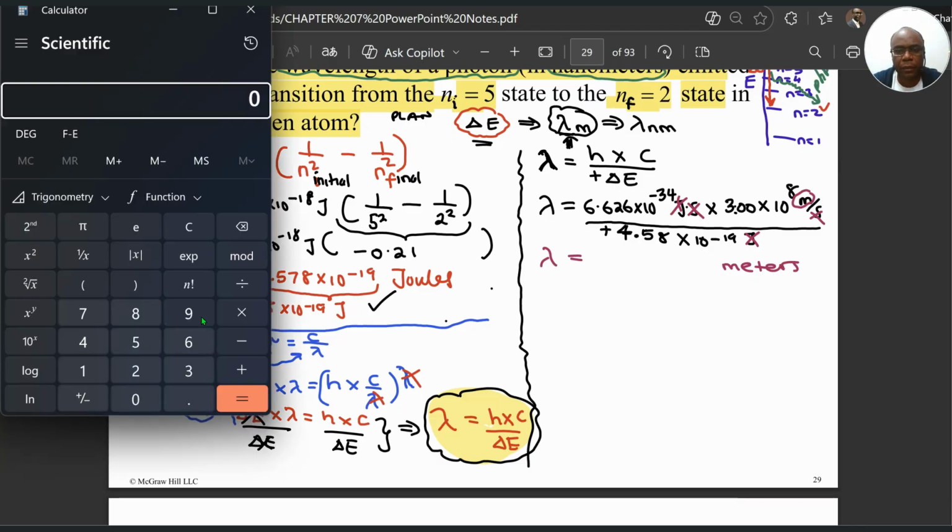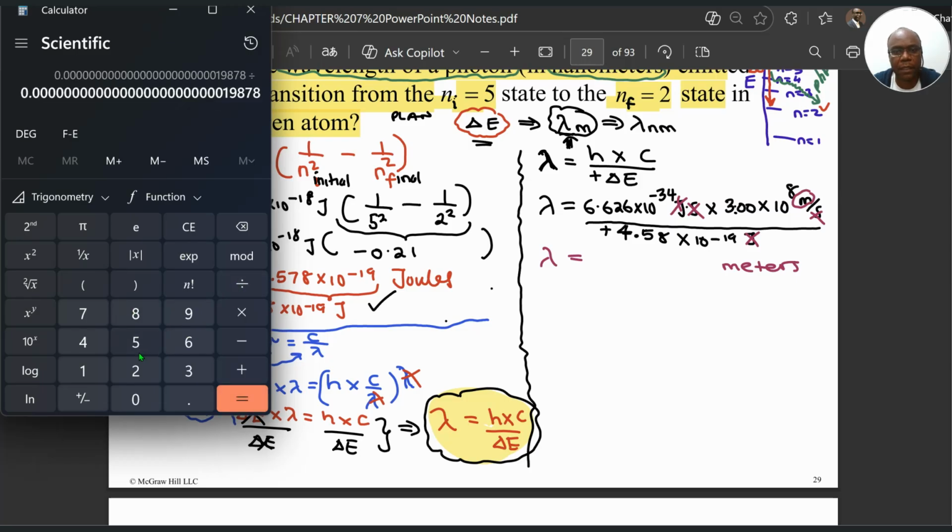Let's do the math. We take our Planck's constant 6.626, exponent negative 34, multiply it by 3 exponent 8, and then divide it by 4.58 exponent negative 19.